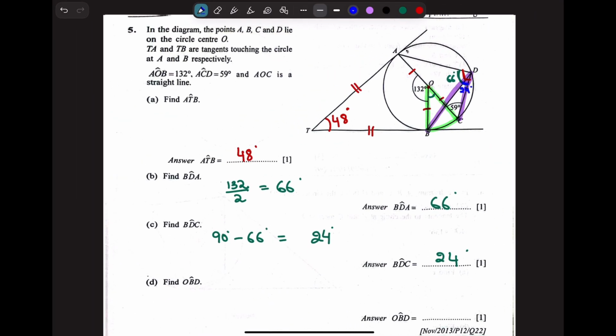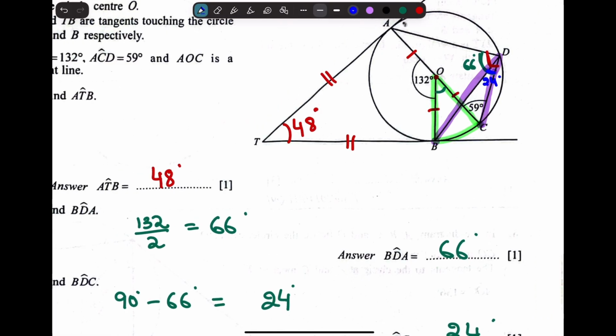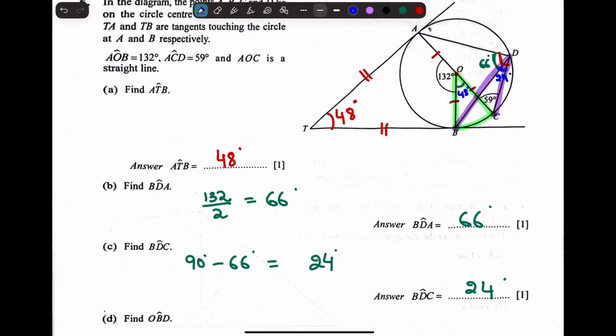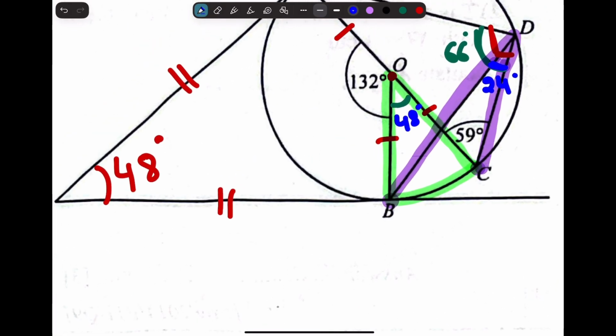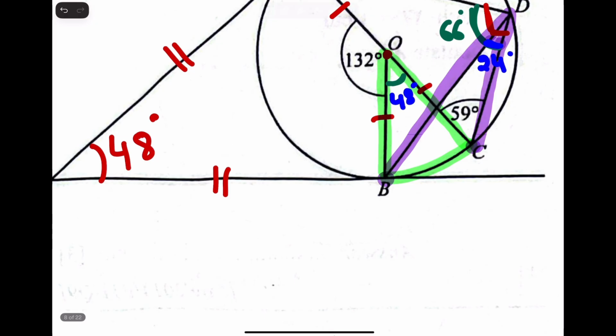So this is going to be 48. All right. And we know that, let's zoom this in. Okay, so let's look at this triangle. Okay, so we know this is 24, this is 59. Can we find this angle? We can find this angle.